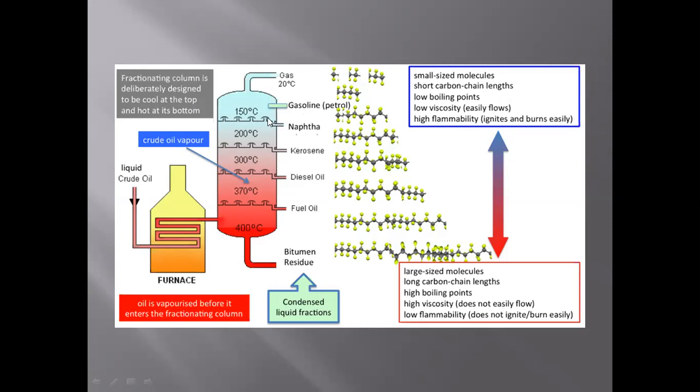What happens to the vapors of the gasoline? When they pass through the condenser, they change back to liquid, and that liquid gasoline is collected in a tank. The same procedure is followed to separate all the other oils present in the crude oil.